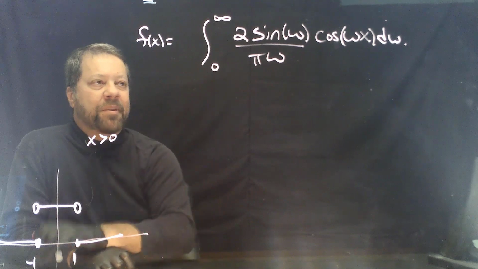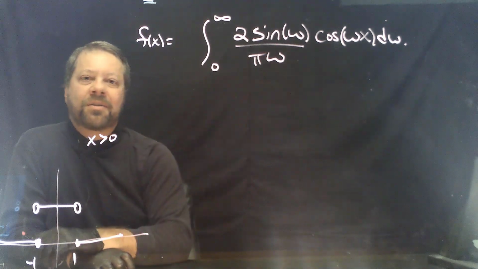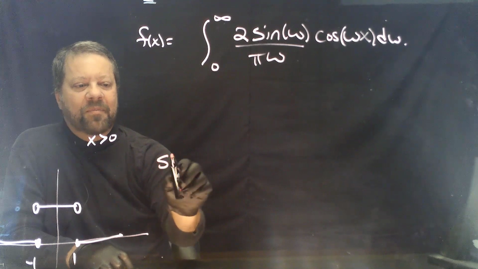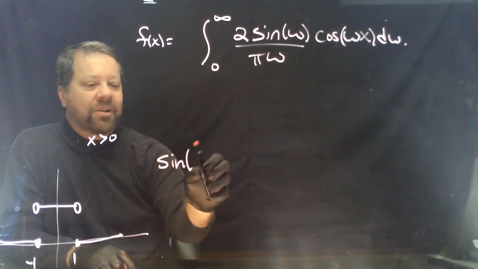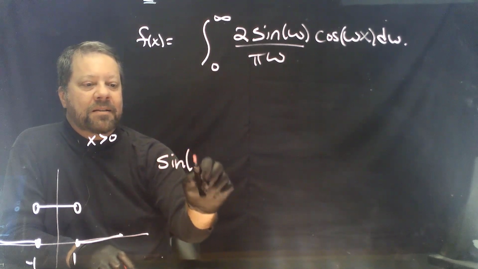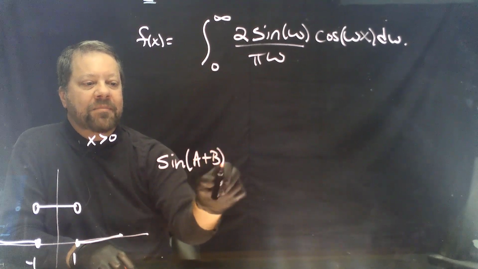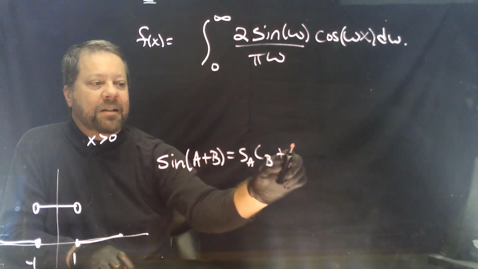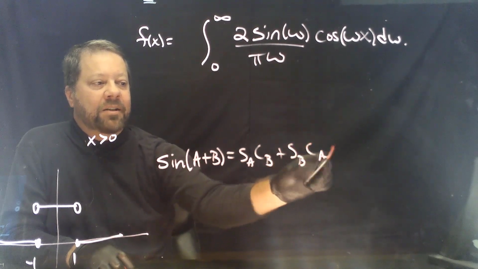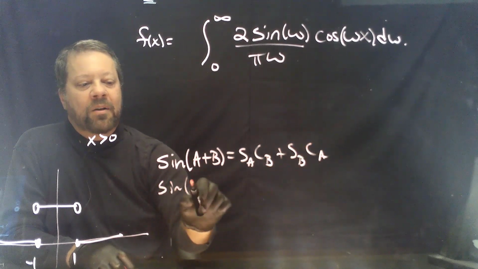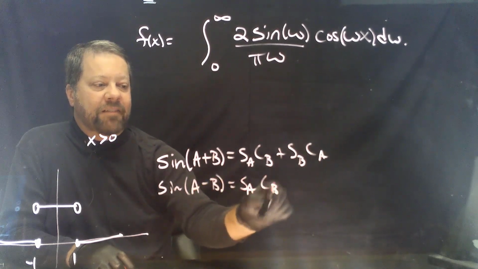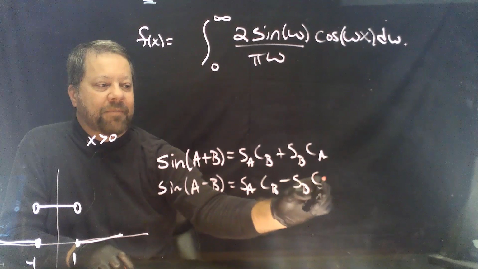Now you might remember that there's a product to sum identity. In case you don't remember it, recall that the sine of a plus b is the sine of a cosine of b plus the sine of b cosine of a, whereas the sine of a minus b is the sine of a cosine of b minus the sine of b cosine of a.